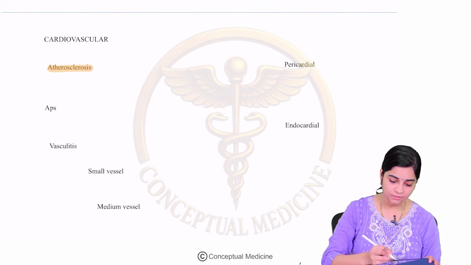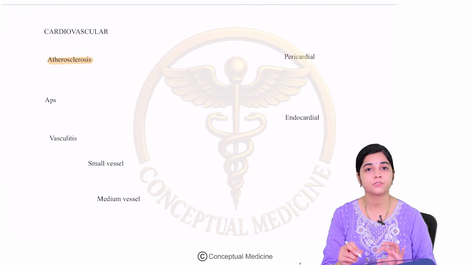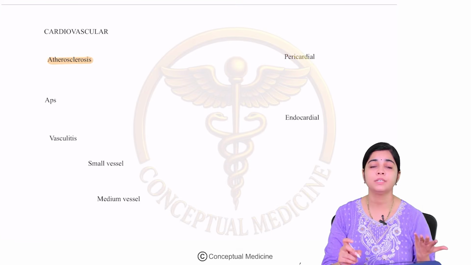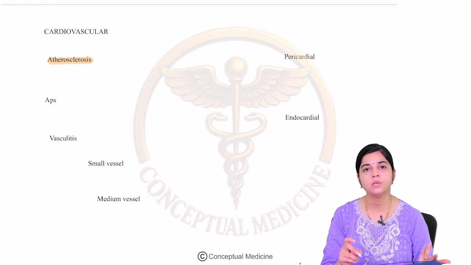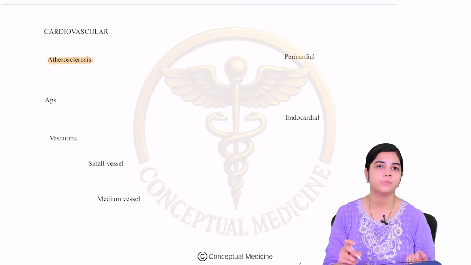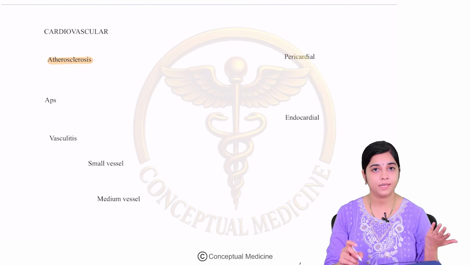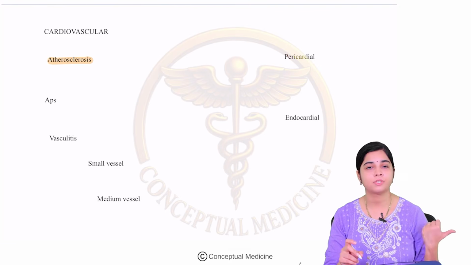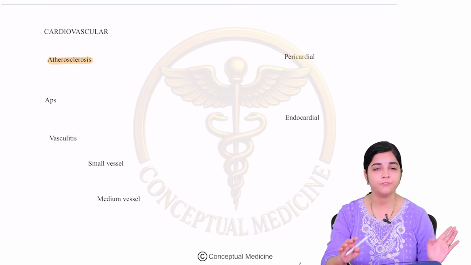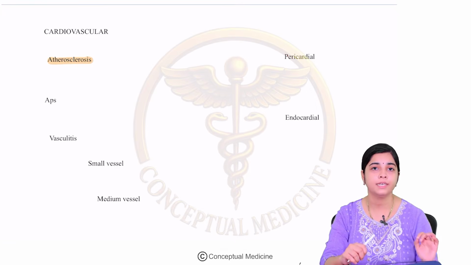Remember that the heart of an SLE patient is actually 10 to 20 years older than your normal age. In fact, normal individuals get atherosclerosis by 50-60 years of age, and a patient with SLE, because of this background chronic underlying inflammatory process, can develop atherosclerosis at much younger age groups.